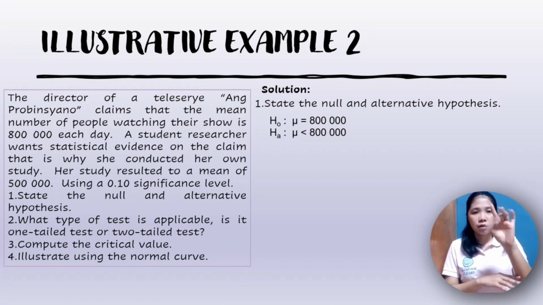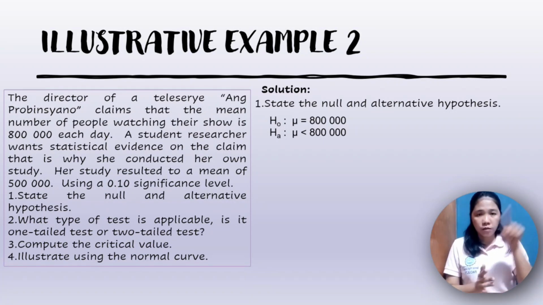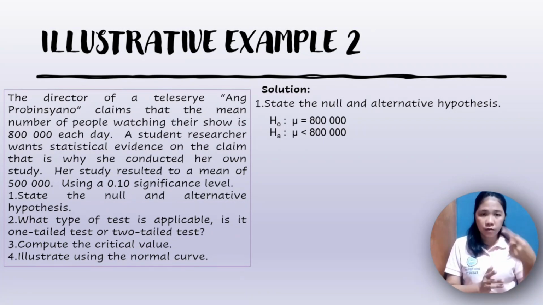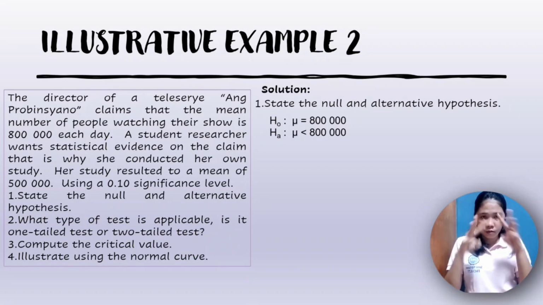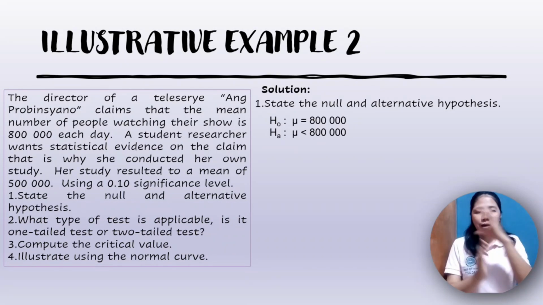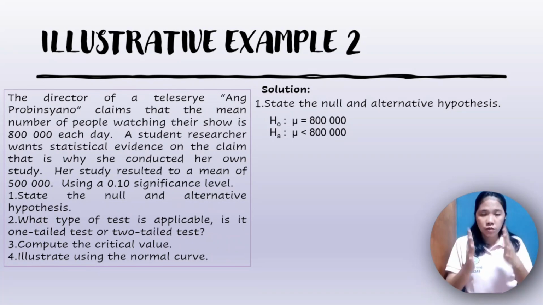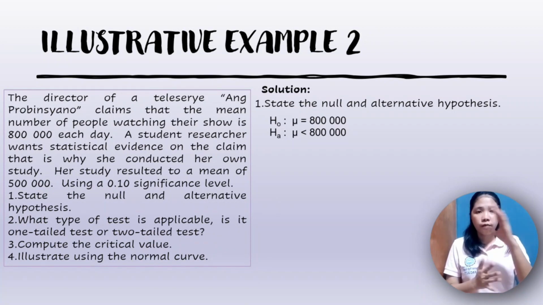So, the null hypothesis states that the mean number of people watching their show is 800,000, while the alternative hypothesis states that the mean number of people watching their show is less than 800,000. Why did we come up with the less than symbol? Because the student researcher resulted in a mean of 500,000, which is less than 800,000.